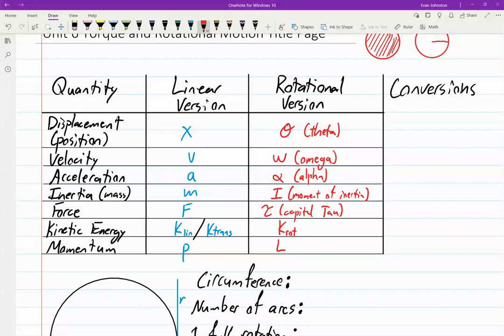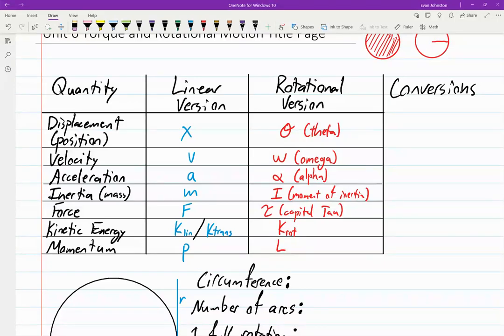That's really it. So you'll be dealing with all these same exact concepts: displacement, velocity, acceleration, inertia, force, kinetic energy, and momentum, but now with things rotating. So you can imagine all those unit 1 equations we had, we're going to have those exact same 3 equations again. But instead of x's, we'll have thetas. Instead of v's, we'll have omegas. Instead of a's, we'll have alphas.